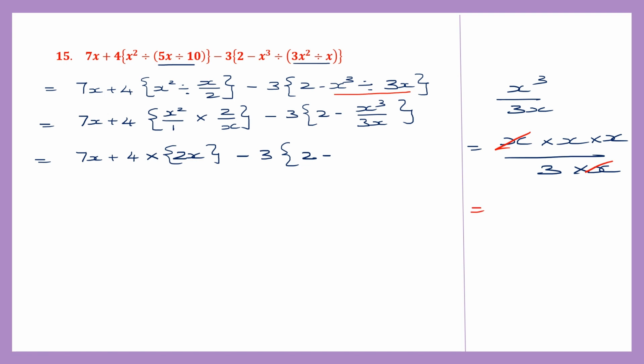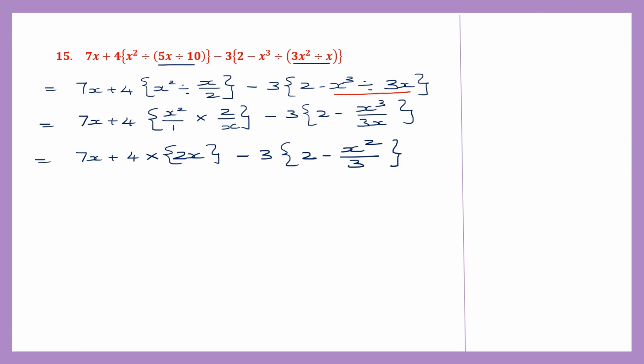So what do we have on top? We have x square and the denominator we have 3. Let's write that. So that is x square divided by 3 and close brackets. So now let's work out what is here and here. We need to remove these brackets here. So let's do that. So 7x plus 4 into 2x is 8x.